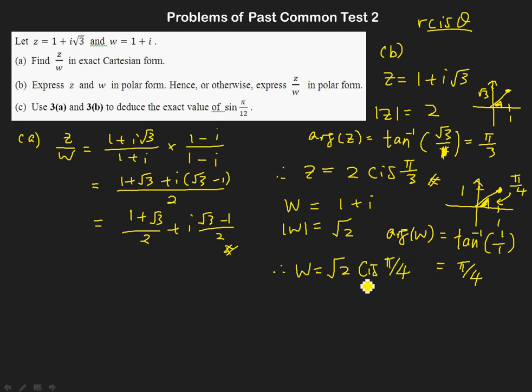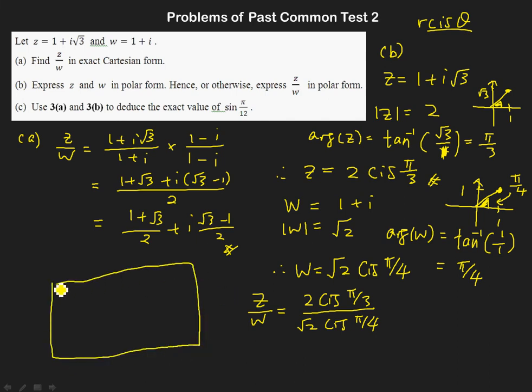So hence, express Z over W in polar form. Pretty straightforward. Z divided by W is therefore 2 cis pi over 3 over square root of 2 cis pi over 4. If you recall, one property of cis is that cis theta divided by cis phi is cis of theta minus phi, right?